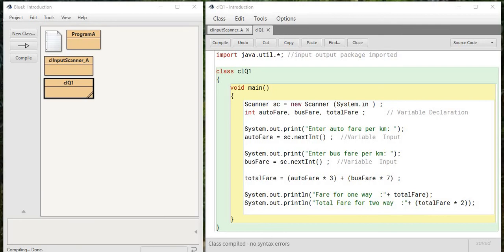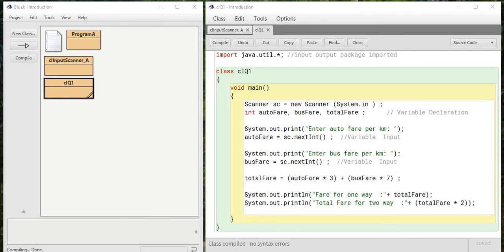Alright, so here is the program in front of you and here is the project window also. You have to now recollect the program which was on the screen a few seconds before. Now see this and say, are you able to relate to the answer?